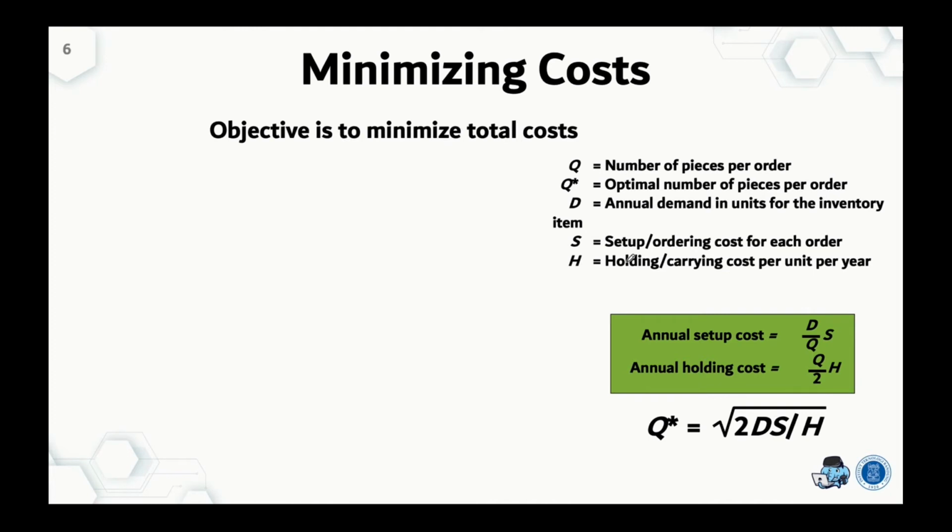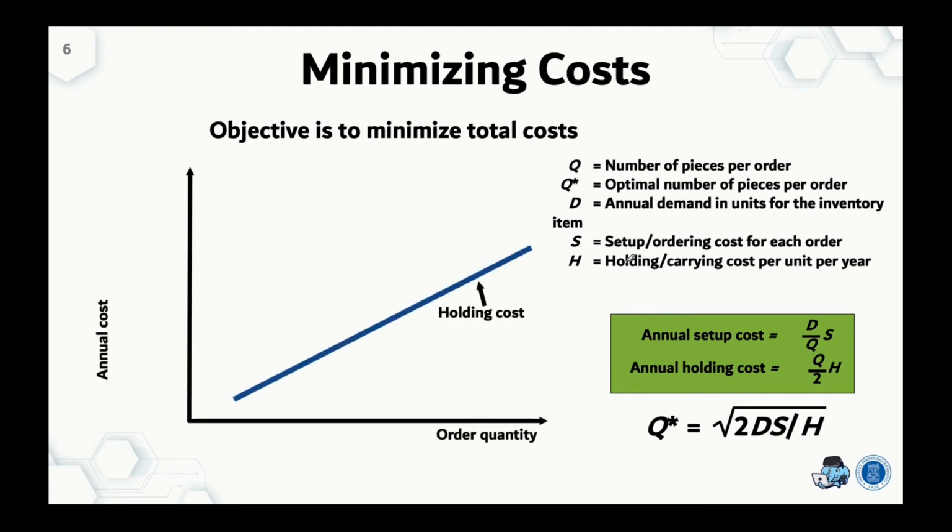How do we determine the optimum quantity to order? In this case, we have to understand the characteristics of the two costs included in this model, which are holding cost and setup cost.